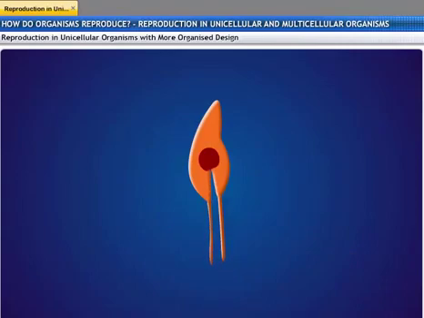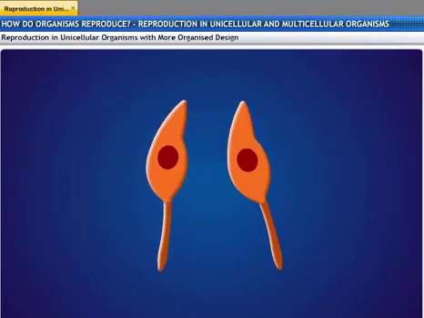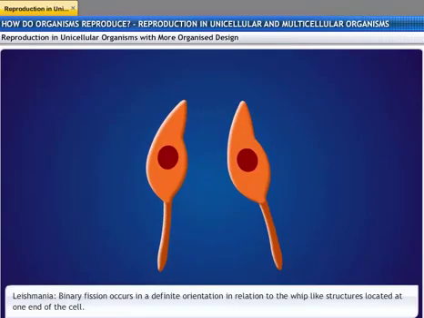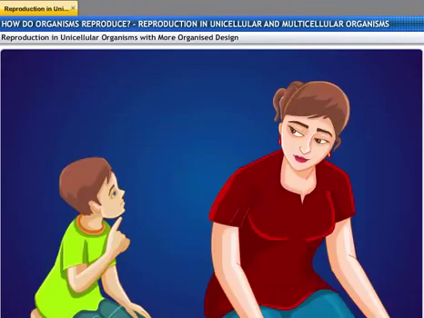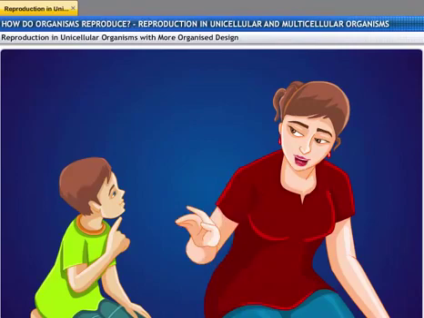Leishmania have a whip-like structure at one end of the cell. Binary fission occurs in a definite orientation in relationship to the whip-like structures. Leishmania? The name sounds very familiar. Probably because it causes black fever.